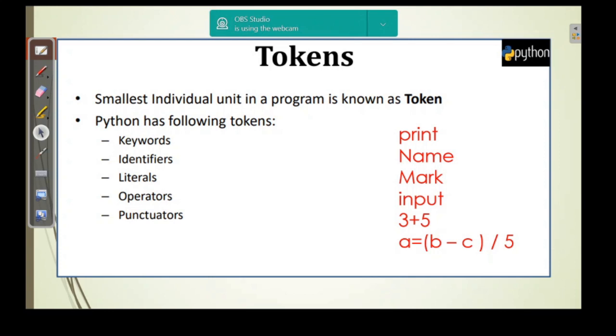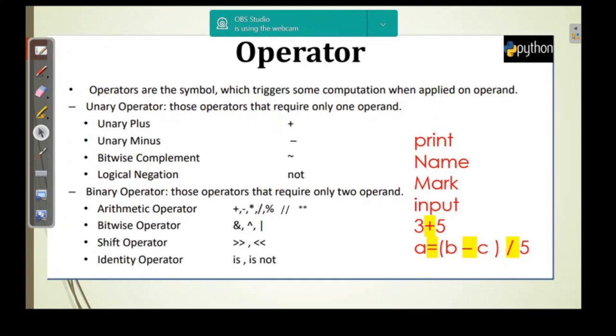Now we will move to the next topic, that is operators. Operators are symbols which we use for doing some computation. If we want to do some calculation, we use a symbol, and that symbol is known as an operator. Two types of operators we can have, that is unary operators and binary operators. In unary operators you have only one data, and in binary operators we have two data.